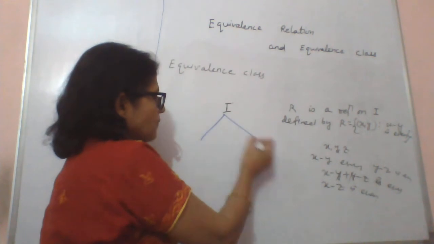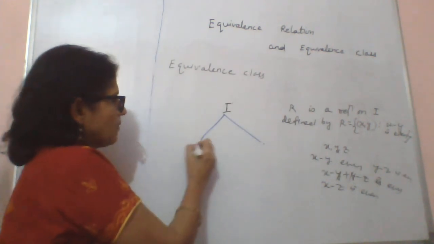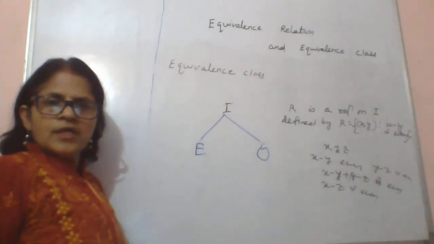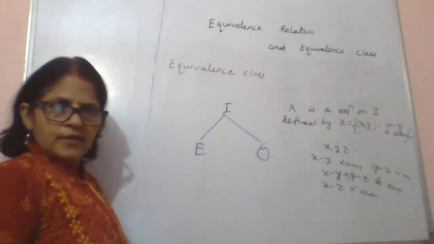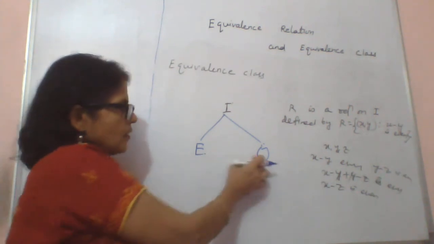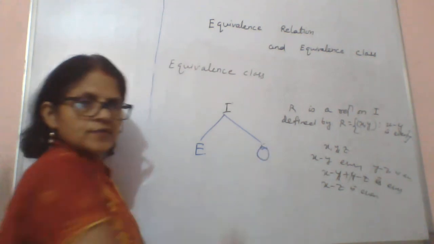Now my next step is, the set of integers I am splitting as the set of even integers E and the set of odd integers O, right?